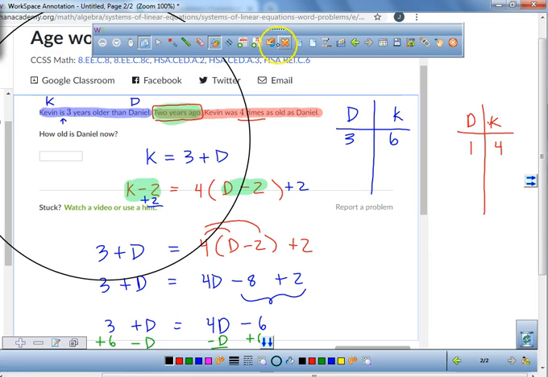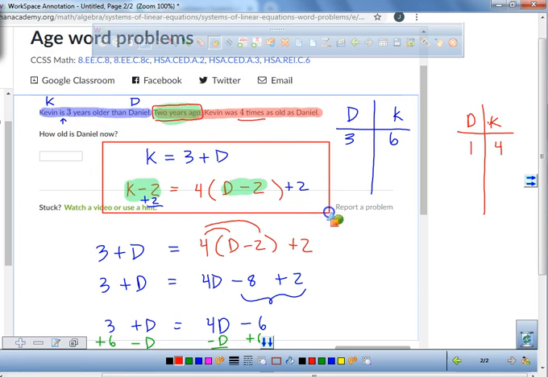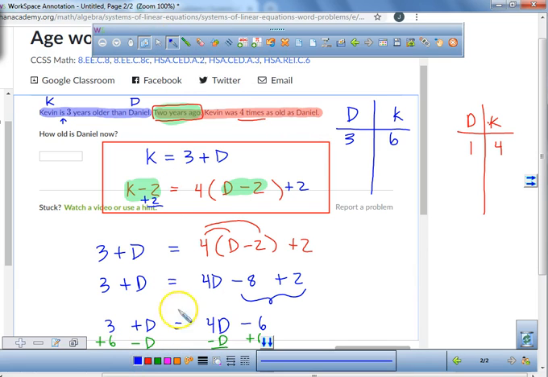Oh, not that. Wrong. Okay, let me change it to a rectangle. There we go. How can I do this in Desmos? Let me explain to you how we're going to do it in Desmos. We're going to switch everything in terms of Y and X. So watch how I switch the blue equation in terms of Y and X. Instead of K equals, I'm going to write Y equals.